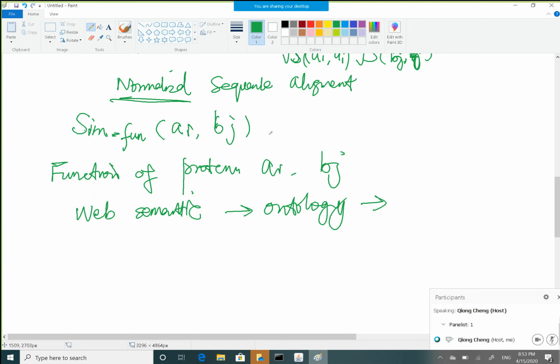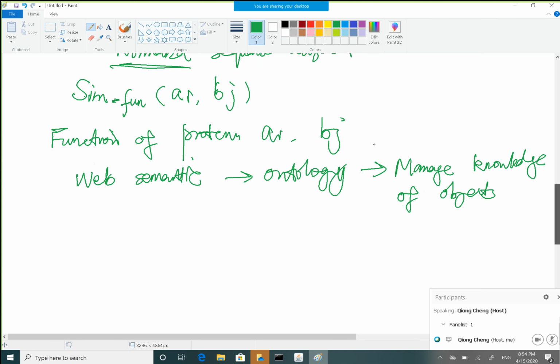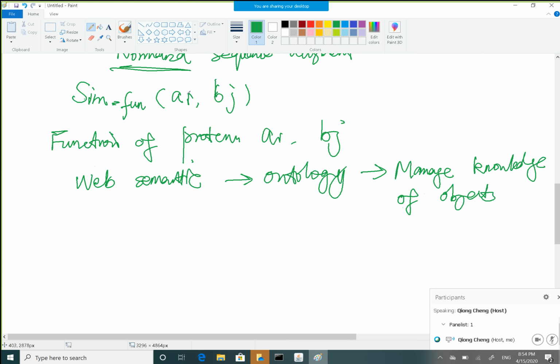The goal here is to manage the knowledge of objects through this ontology, through the semantic web.